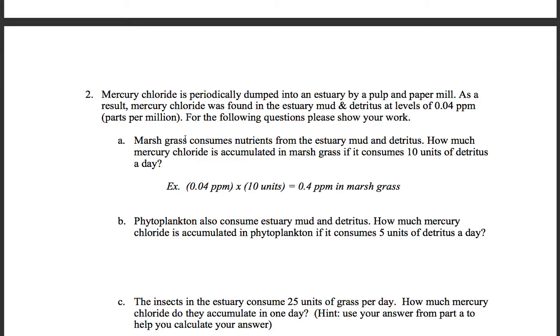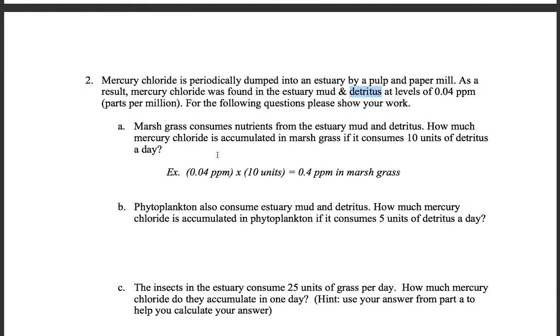But a hypothetical situation that there is 0.04 parts per million of this mercury chloride in the estuary mud and detritus. This is a definition you should look up. That's a fun one. And then we have grass that is consuming some of those nutrients, and it is in turn consuming some of that mercury chloride.